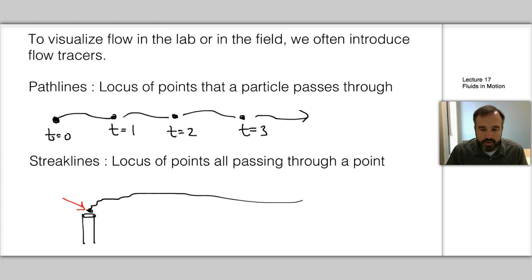Okay? So we have streamlines, streak lines, and path lines. And we talked about what streamlines do in unsteady and steady flows.